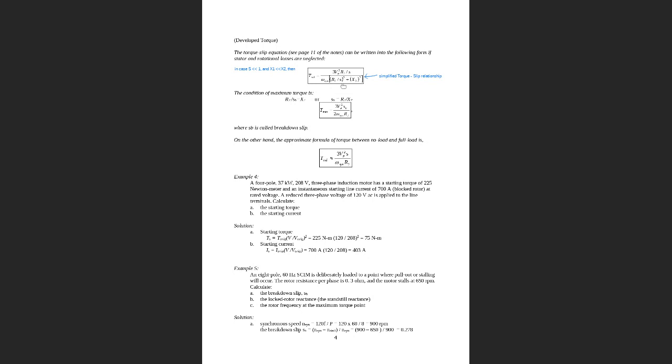Generally, for example, the point where the motor achieves the maximum torque we call the breakdown point. At the breakdown point there is a slip, which we call the breakdown slip.